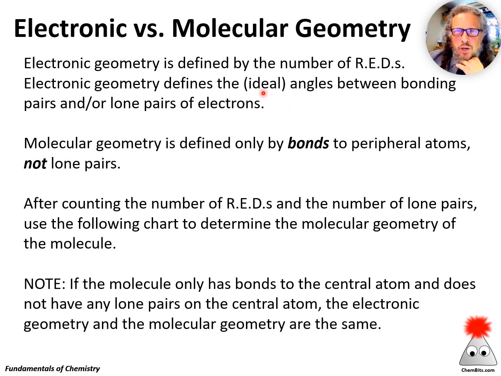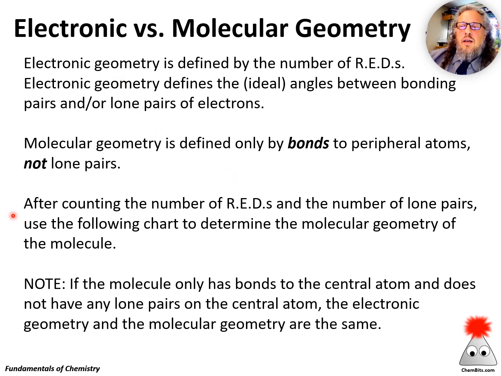But what we really want to know is molecular geometry. And molecular geometry is defined only by the bonds that make up the molecule, or if you want to think about it, only by the atoms that exist. So lone pairs don't define molecular geometry exactly. Lone pairs are used in defining an electronic geometry.